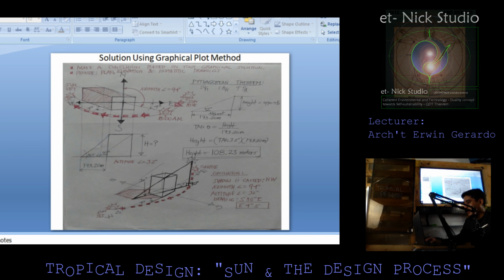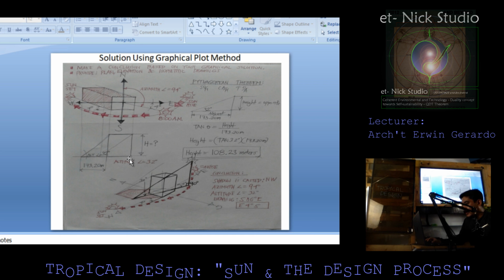So therefore, we need to determine what the height of the building is. We will discard the plan of the building. For this problem, take note, the height is unknown.